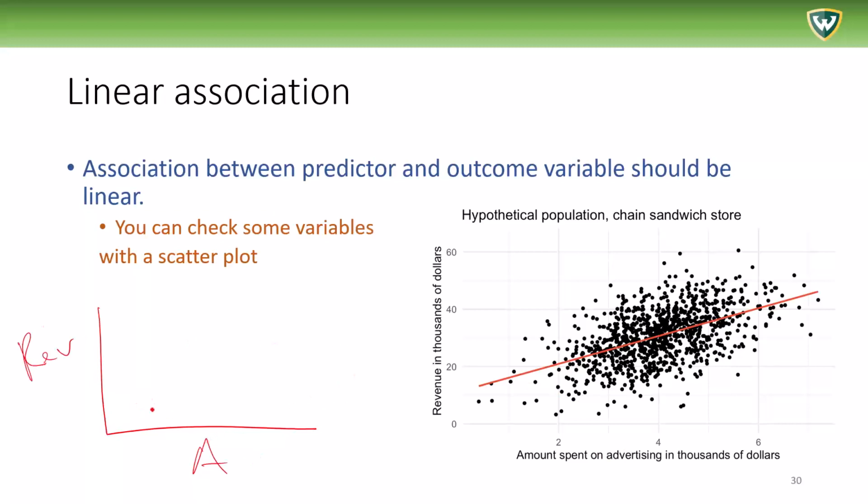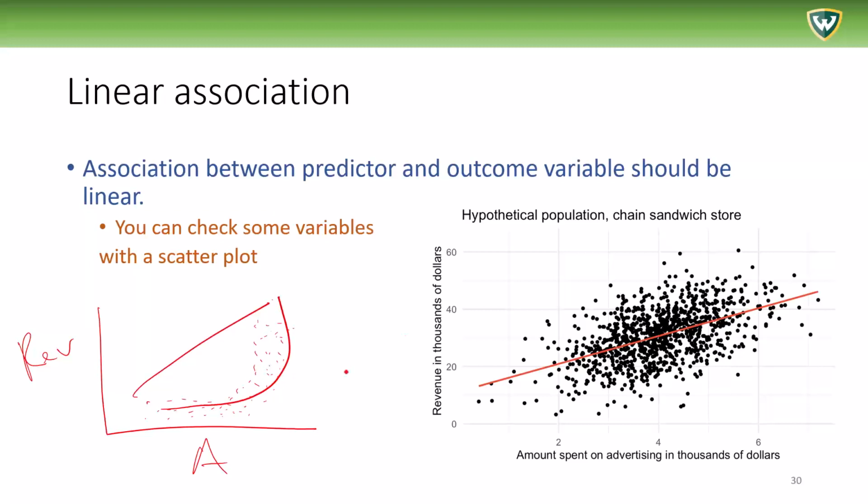And suppose you do a scatter plot and the data looks like this. Like, you spend on advertising, nothing happened, but then at some point, if you spend a lot, then this is where you start seeing revenue growth. I would say this is not linear. It's more exponential. Linear would be this, right?